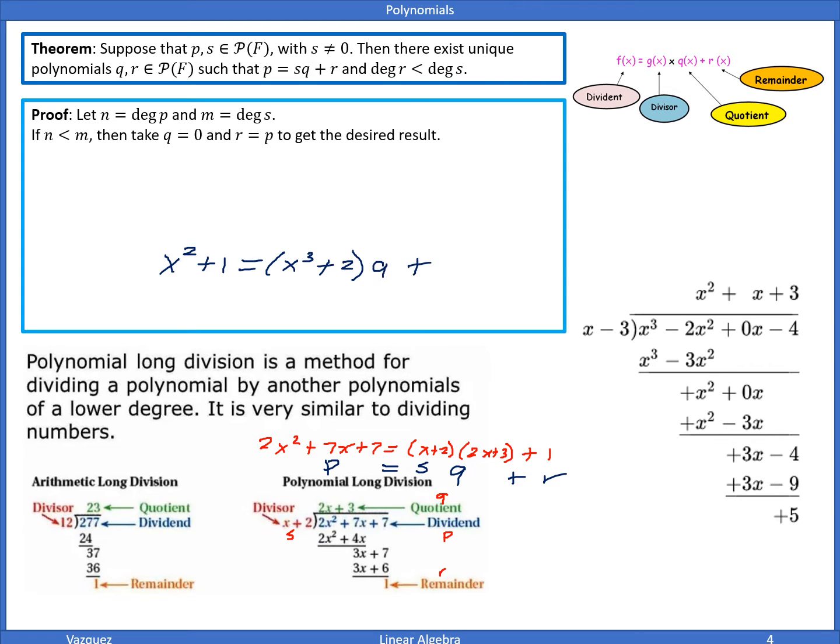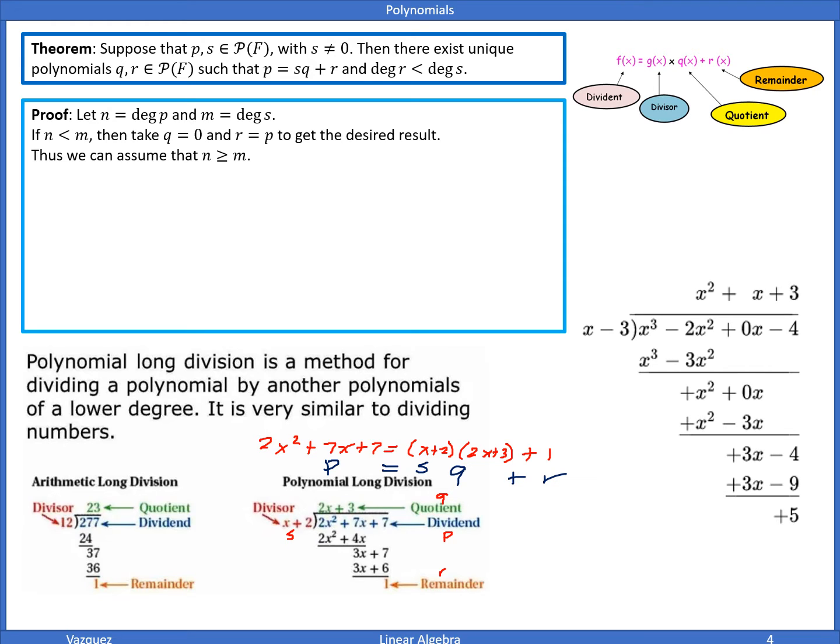What do we plug in for Q and R? This is simple: let Q be 0, so this product is 0. And just set R equal to P, which is x squared plus 1, and we get our equality, we get our result. So that case isn't interesting. If n is less than m, we just set R equal to P and Q equal to 0, and we're done. So let's look at the more interesting part.